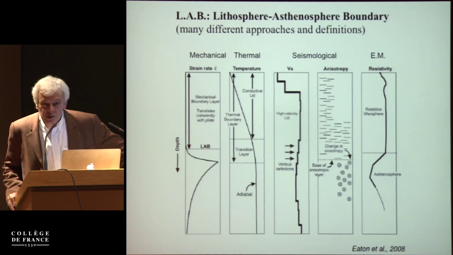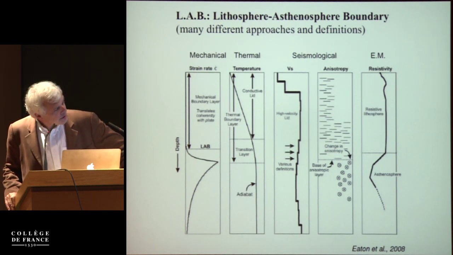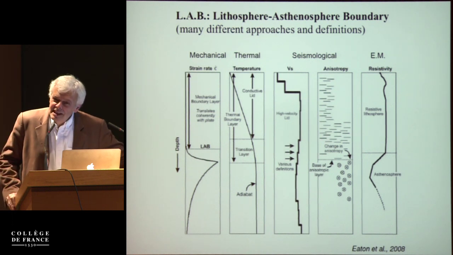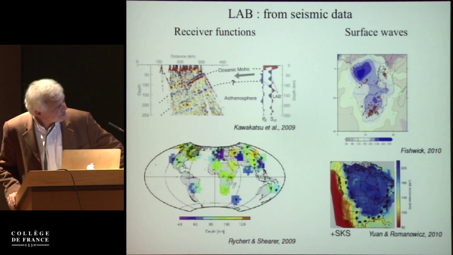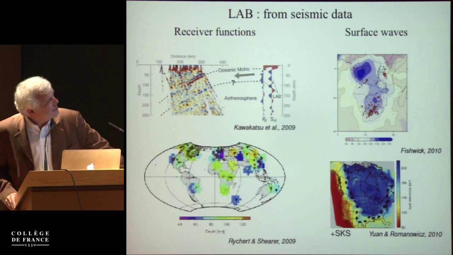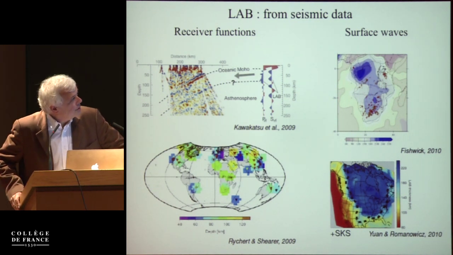I will show you that we can also get some information about the lithosphere and LAB by using seismic anisotropy, and some people are also using electromagnetic data, looking at conductivity or resistivity. So there are different ways, from seismic data, to address the issue of the LAB.